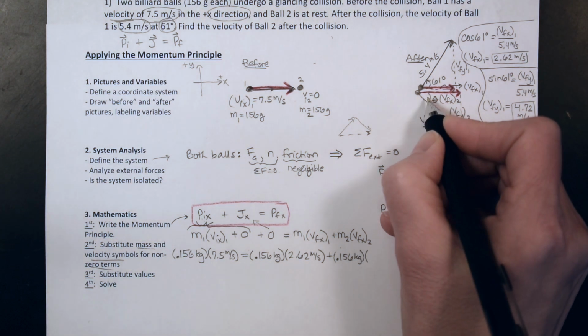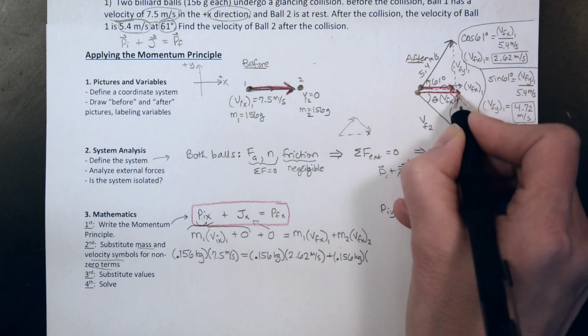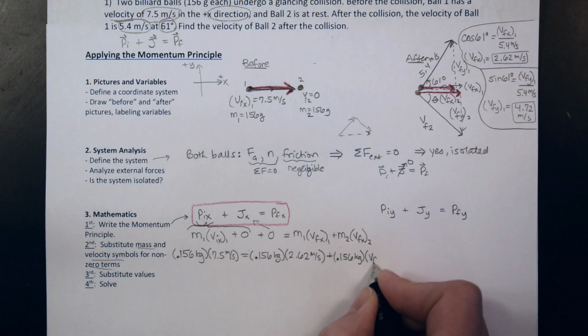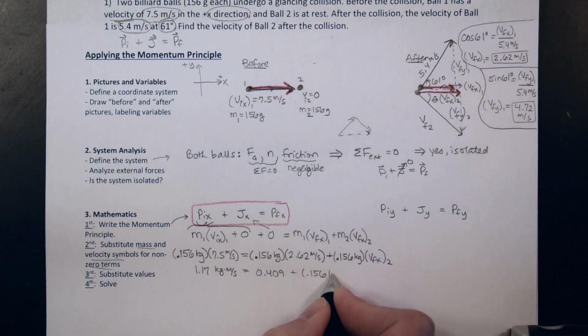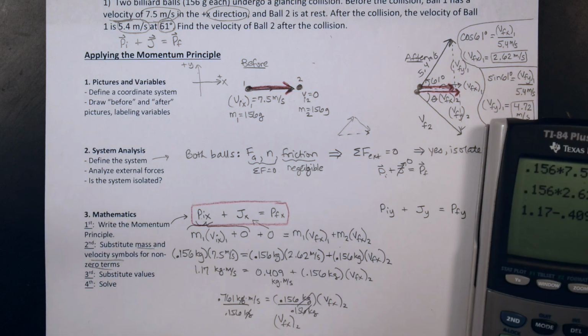And then the horizontal component of the final velocity, we don't know that, so it just remains as a variable. Take a moment, pause the video, calculate that out, and find out what you get. And we get 4.88. And I'm just keeping an extra value here because I know I'm going to need it.